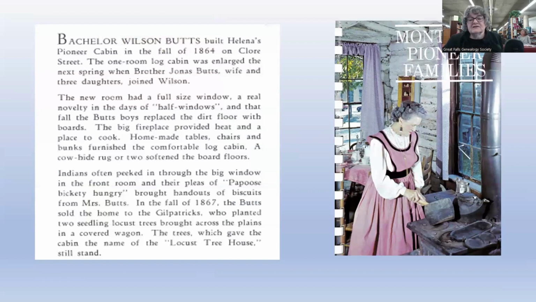Like this one, the Montana pioneer families are in here. And so here's a nice little article on Wilson Butts, who built Helena's pioneer cabin in the fall of 1864. And here's who moved in. Here's a description of that particular cabin. Now, would we necessarily expect to find that in a cookbook? No, but what a neat thing.